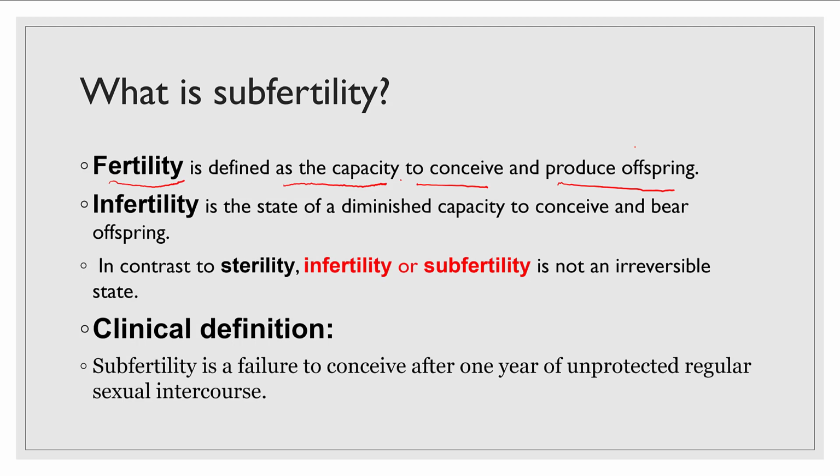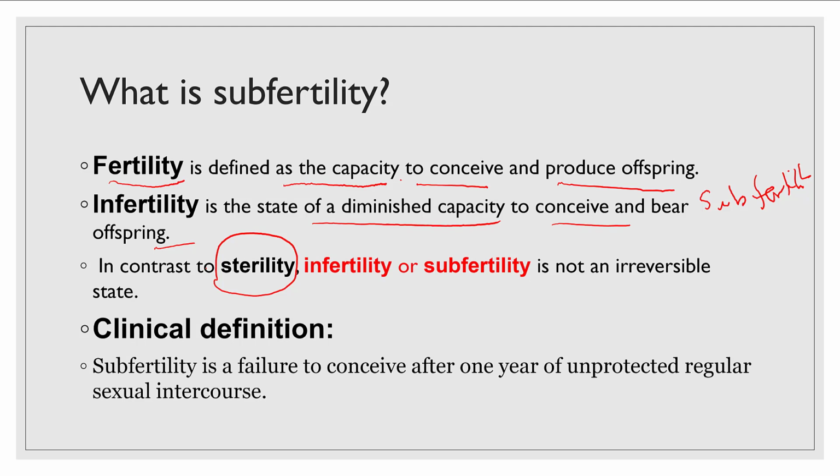So anybody who is having a decreased ability or diminished capacity to conceive and bear offspring is having subfertility or infertility. I am using these two terms, infertility and subfertility, in an interchangeable way, whereas there is another related term, sterility, which means that it is irreversible.